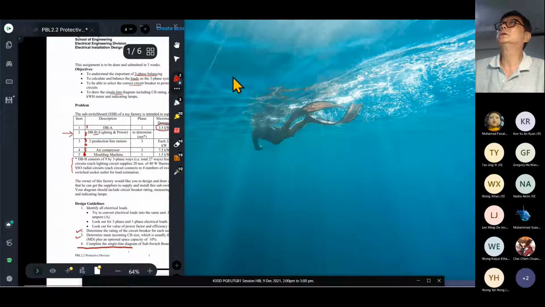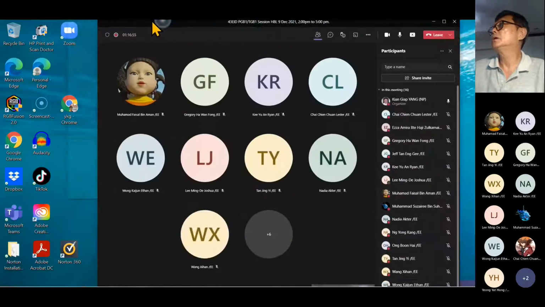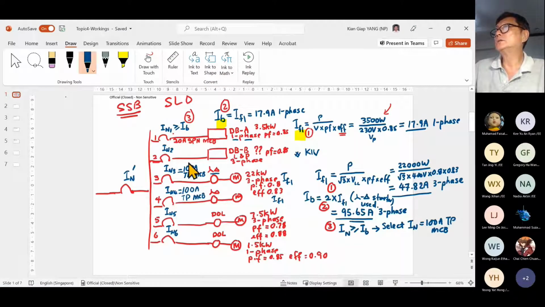I cannot see. Where are you? Okay, so no question. So I have settled circuit number 1, circuit number 3, and circuit number 4. Right, I'm running out of space, so I'm going to duplicate this and delete some of the calculations so that I can move on.